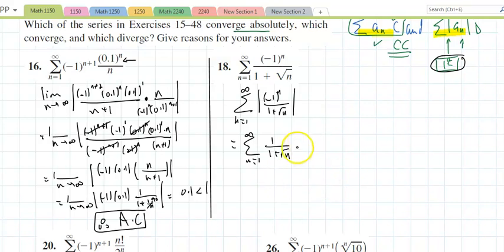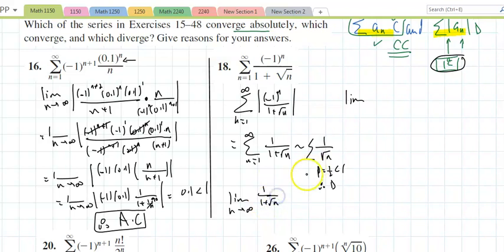So what I'll go for, what dominates the top, a 1, what dominates the bottom, radical n. This is a p-series with p less than 1, therefore this diverges. And if I take the limit as n approaches infinity of 1 over 1 plus radical n, instead of dividing, I multiply by the reciprocal.